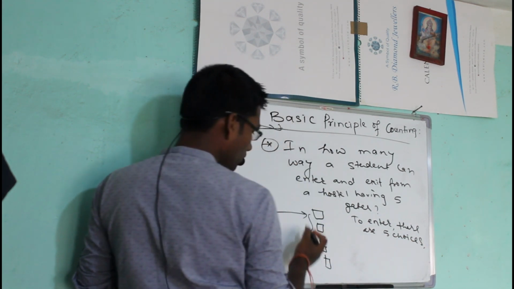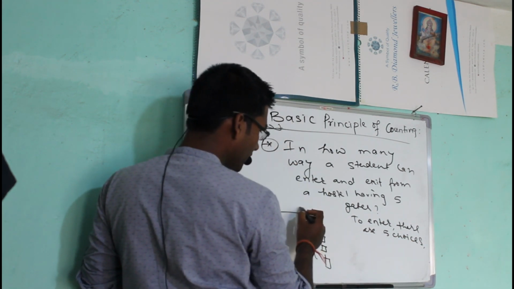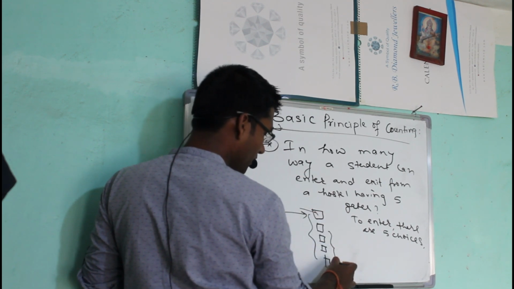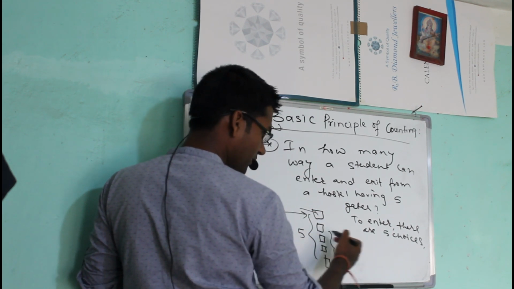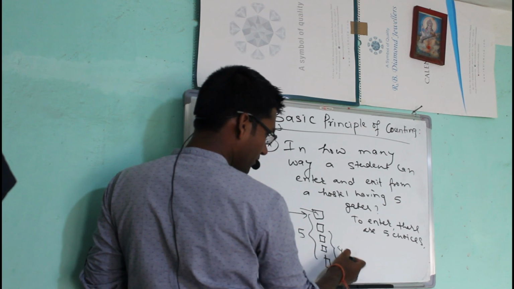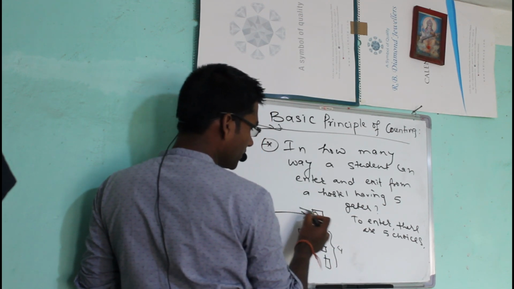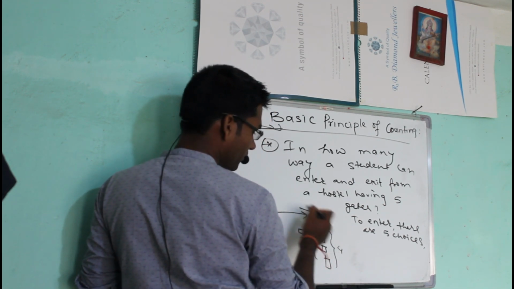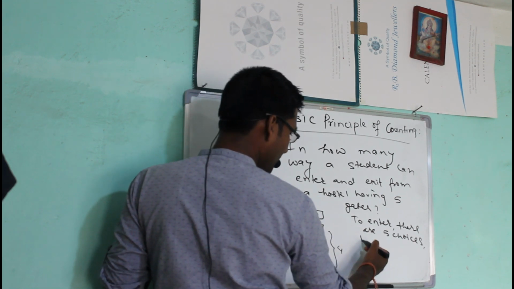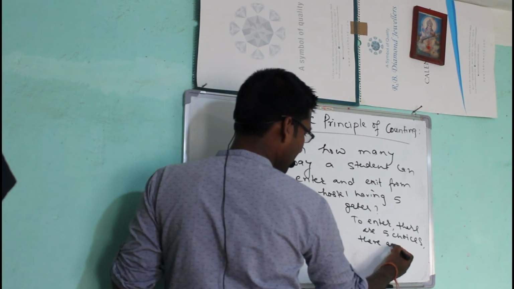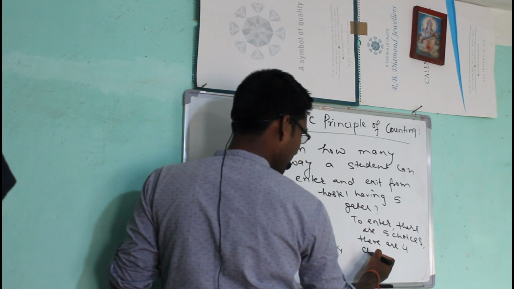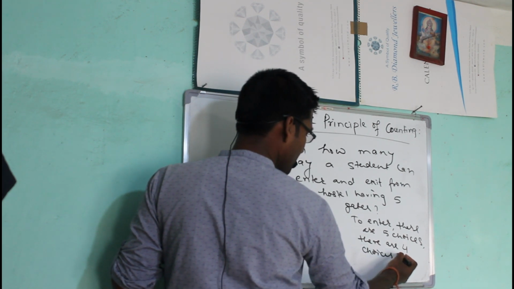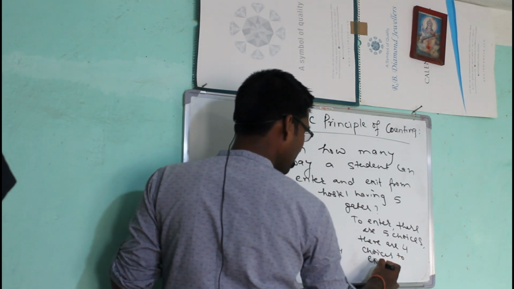Okay, now to exit from a different gate, if we enter from this, this is 5 for entrance, and to exit there are only 4 choices, because already we have used the first gate. So there are 4 choices to exit.